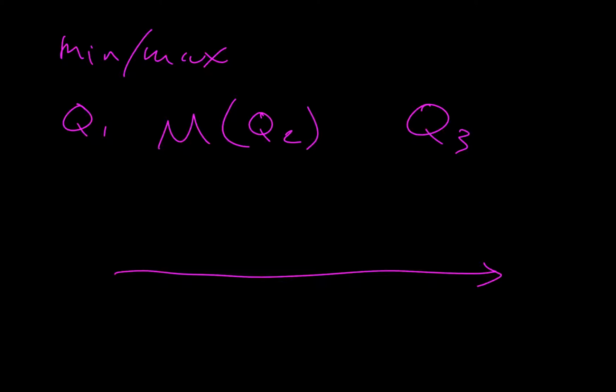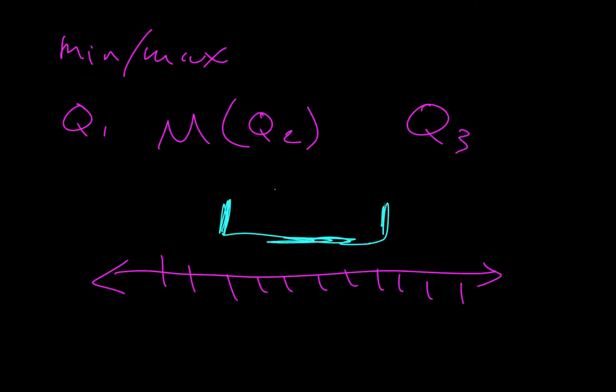So we would draw a number line, mark all this stuff. We would draw from Q1 to Q3 a box. So right here would be Q1, right here would be Q3.